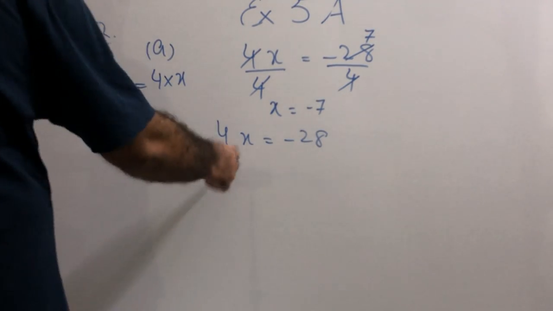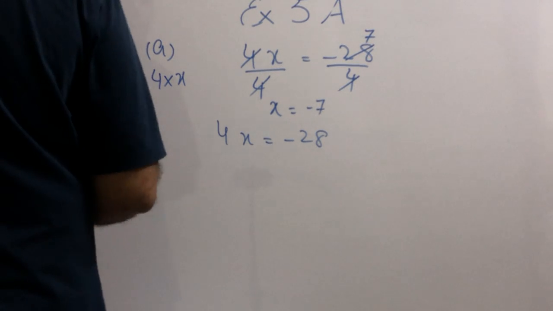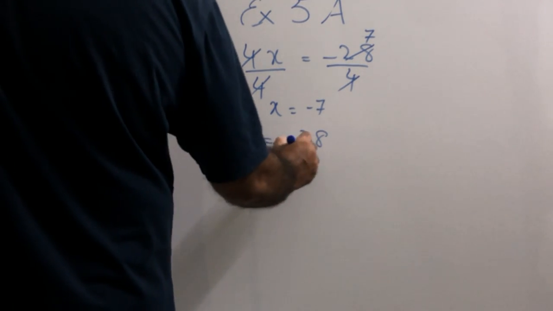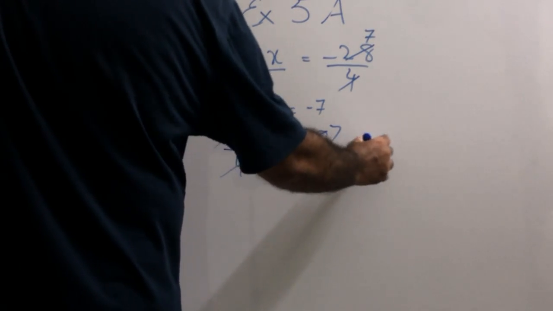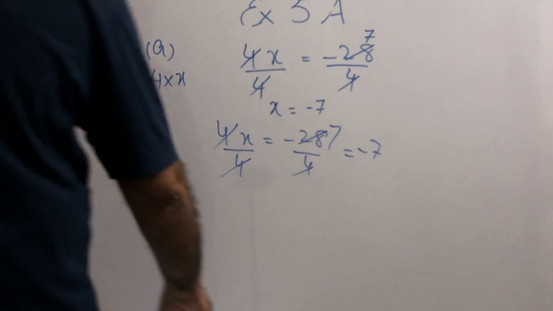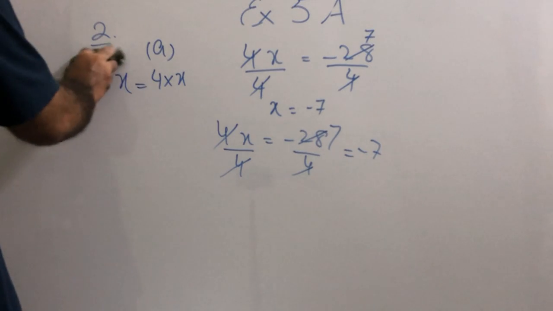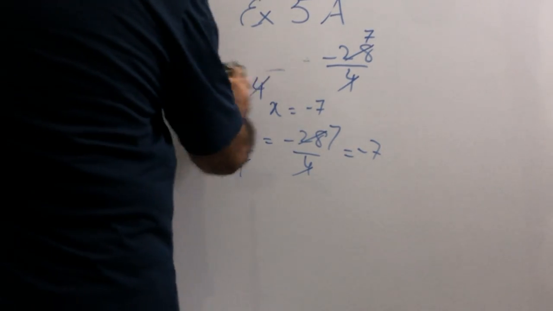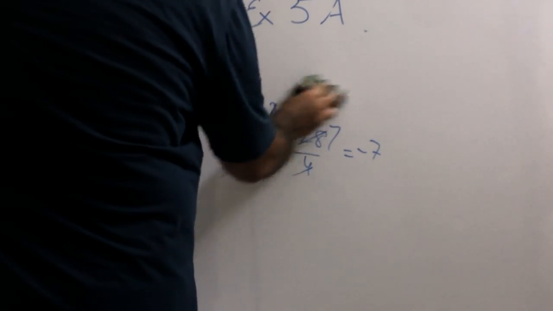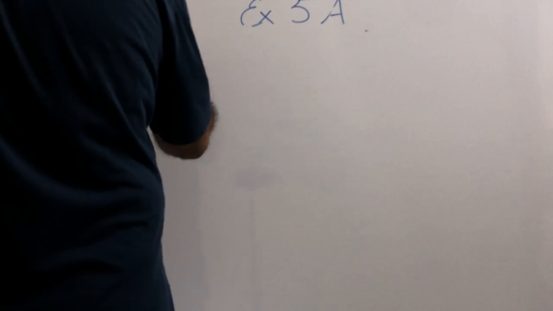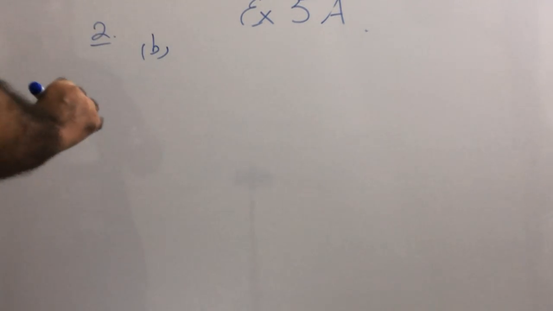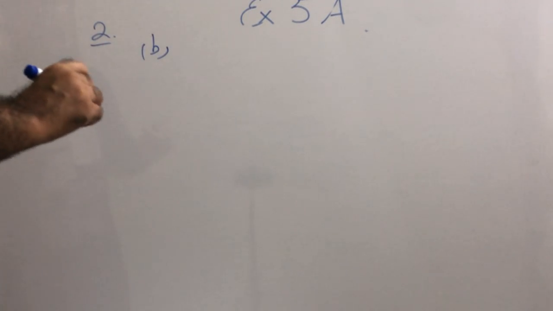So then we thought that 4 is being multiplied with x, so we divide by 4 on both sides, and this way we got minus 7 as the answer of this part A. Hope you understand the process. It is very simple. So now we'll do several parts so that you understand the concept and the things become easier for you.